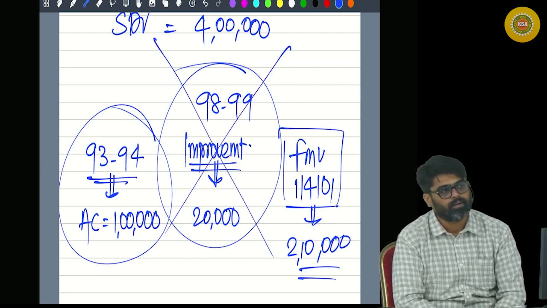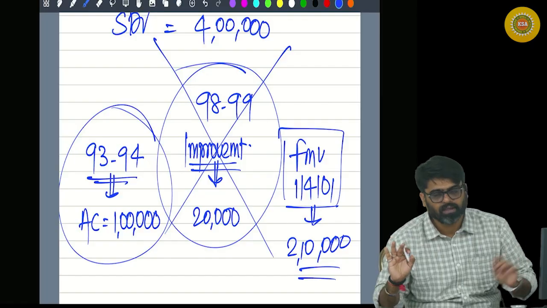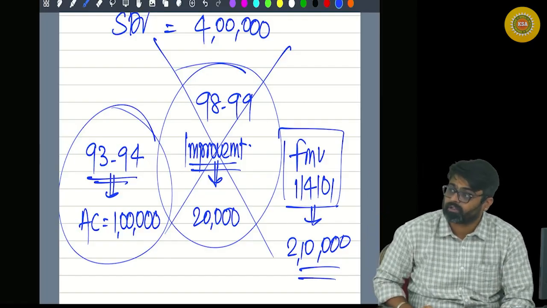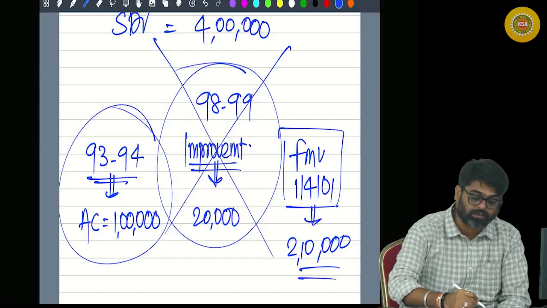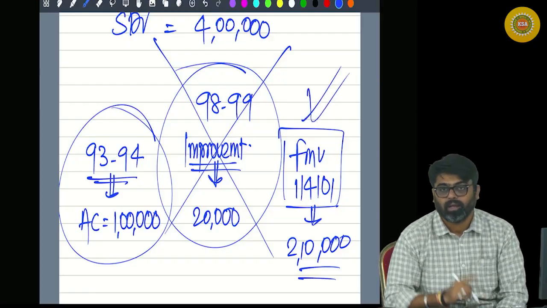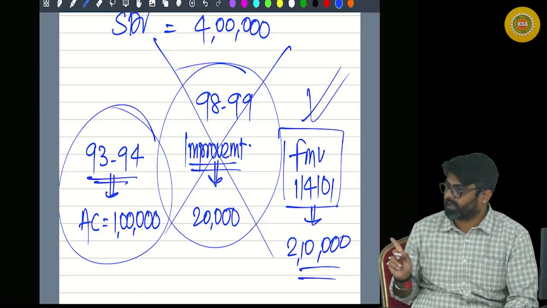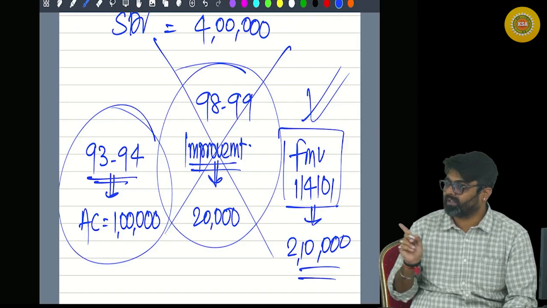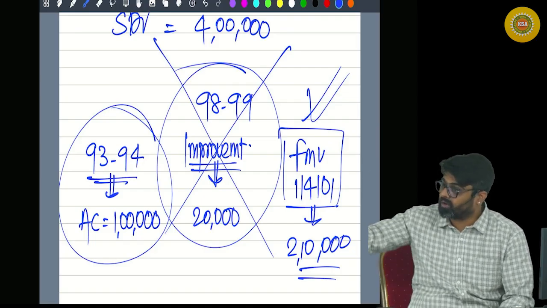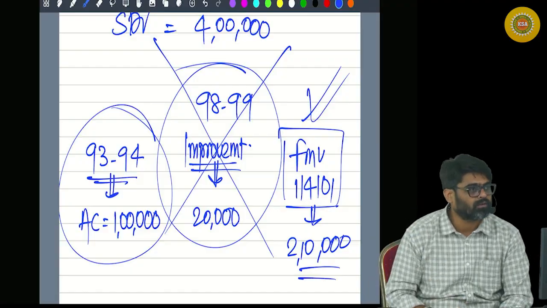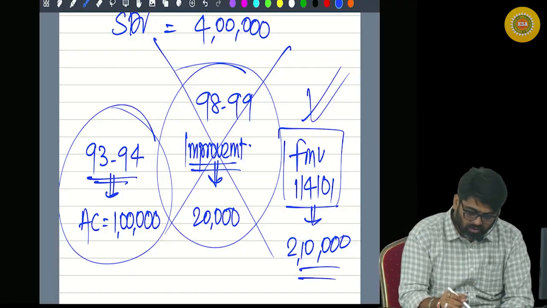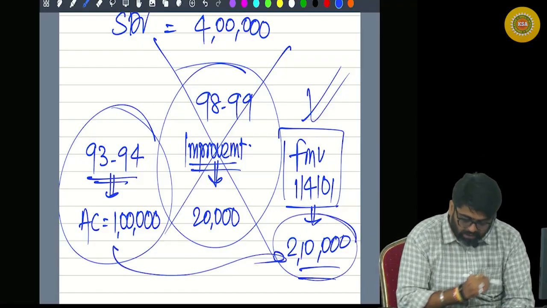Why? The reason is very simple. Since the asset was acquired prior to 1st April 2001, the option to take fair market value as on 1st April 2001 is available. And if you exercise this option, you will take this fair market value. Don't you think this fair market value will cover your cost and also your cost of improvement? Don't you think 2,10,000 covers this 1 lakh also?